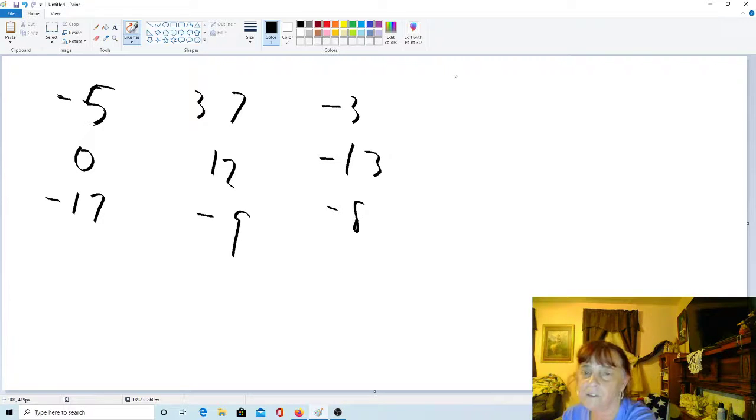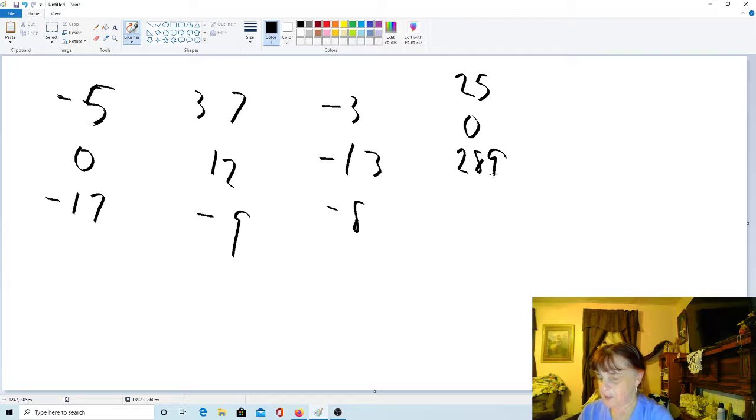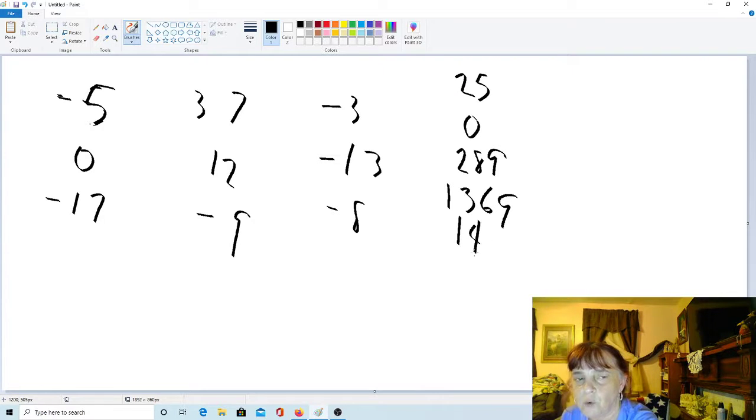You get 25, 0, and square negative 17, 289, and square 37, 1369, square 12, 144, square negative 9 is 81, square negative 3 you get 9, square negative 13 is positive 169, and square negative 8 you get 64.